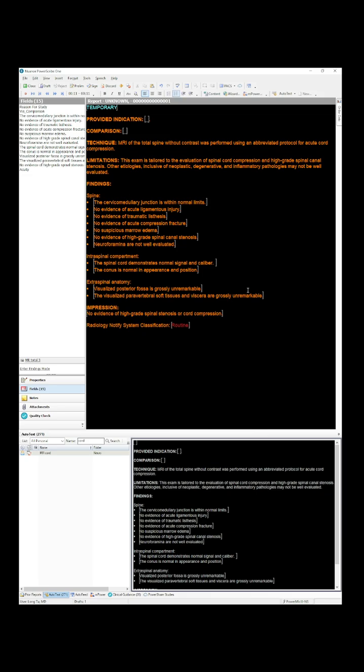But I'll use this as a baseline, and I'm really providing the pertinent positives and negatives. I'm telling the clinicians the key things they really want to know, and if we need to go further, they can get a really dedicated MRI of the lumbar spine or thoracic spine. They can get a full protocol, with and without contrast if they want. You know what I mean? But this is here to answer the fundamental questions that matter at that time.